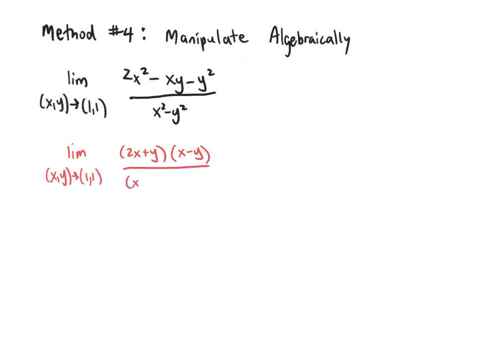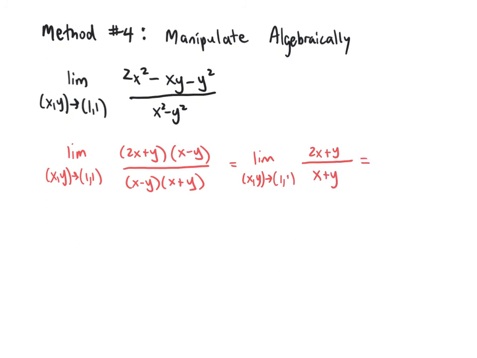And then in the denominator, we would have x minus y and x plus y from the difference of squares. So we're able to cancel the x minus y. So we have the limit as x, y goes to 1, 1, of 2x plus y over x plus y, and we then evaluate by substitution.